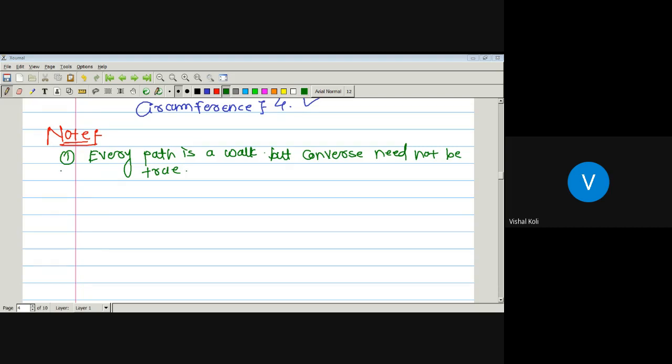Is every closed walk a cycle? Will every closed walk be a cycle?